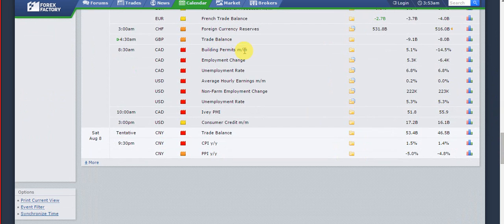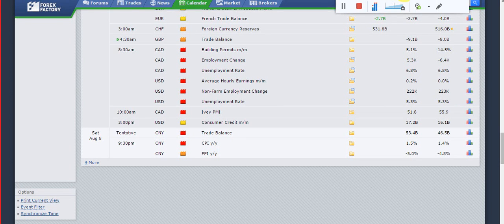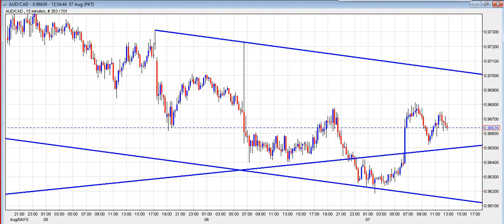Building permits is important. Employment change, of course, and the Ivey PMI. So there's quite important feed coming in from Canada, and it could be a busy pair going into the American session.